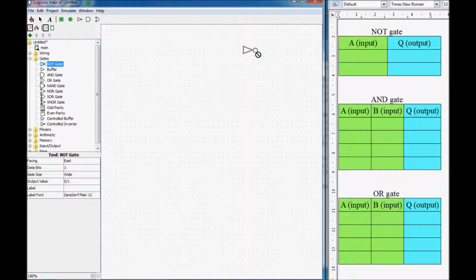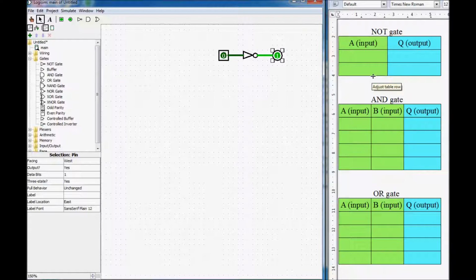Okay, let's start with our NOT gate, and the NOT gate has one input and one output. In this input column we have to write all the possible input levels that we can have on the input of our gate.